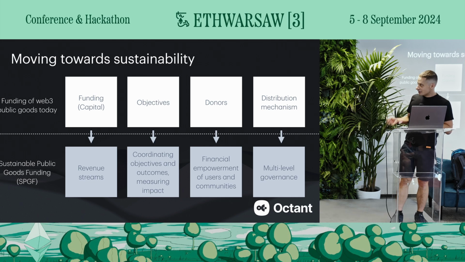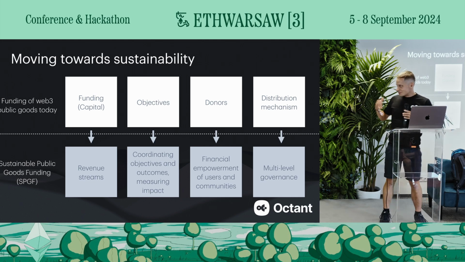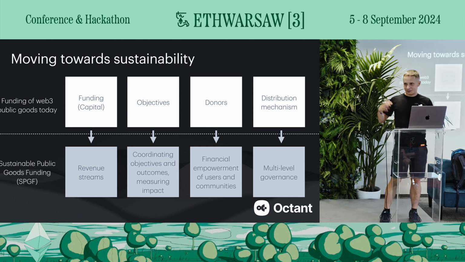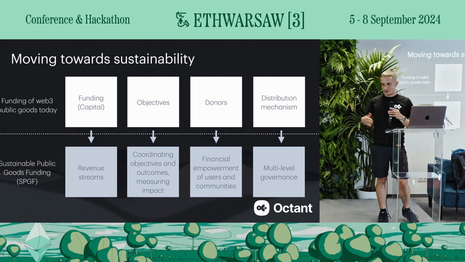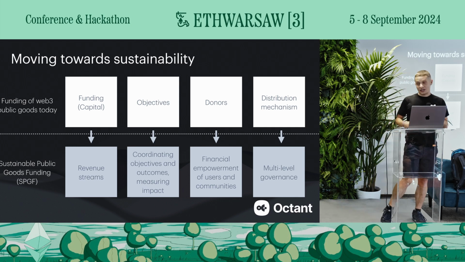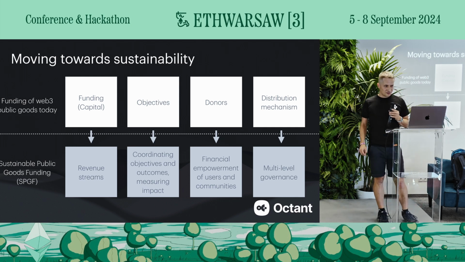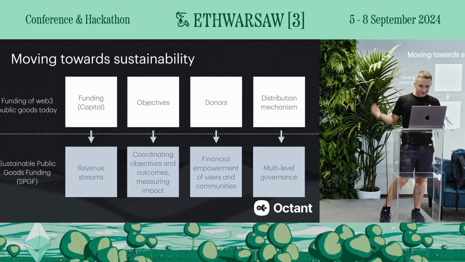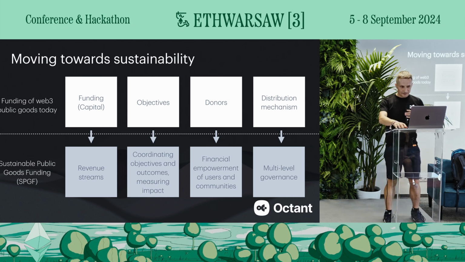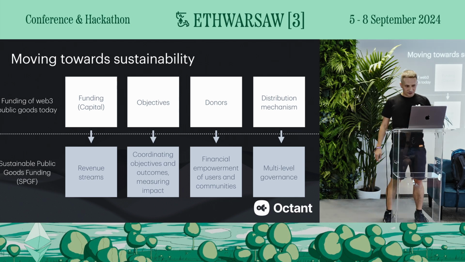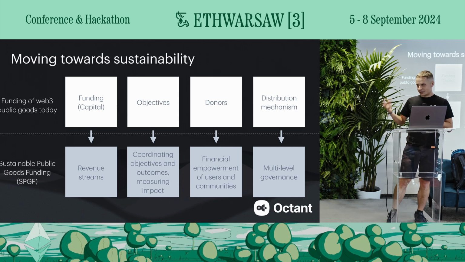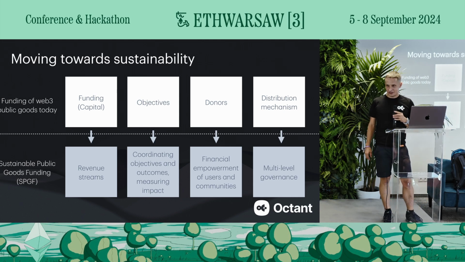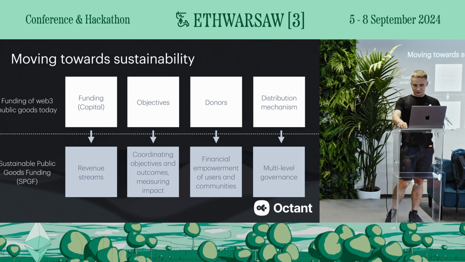In terms of funding, it would make sense to move away from static capital being used on a discretionary basis to sustainable funding streams, such as, in our case, yield from staking operations. But you can also think about, let's say, L2 sequencer fees or many other streams that can be directed to public goods funding. As for objectives, this means moving to not only objectives of a single community, but coordinating objectives across many communities, thinking more about the outcomes and measuring impact.